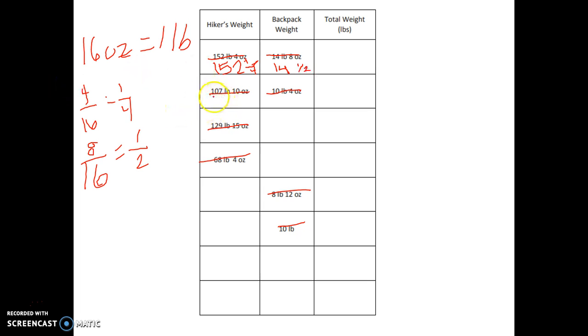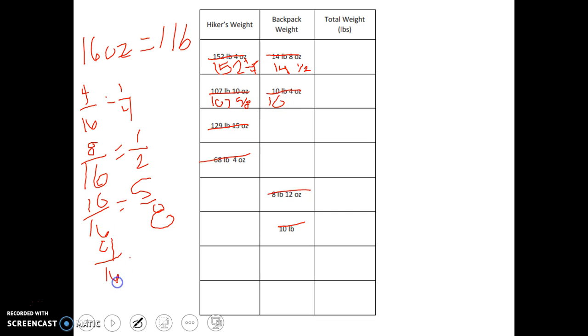Hiker number 2 is 107 pounds, and 10 out of 16, which reduces down to 5 8ths. 16 divided by 2, 8s. 5 8ths. Their weight in their backpack is going to be 10, and 4 out of 16, which is 1/4 again.